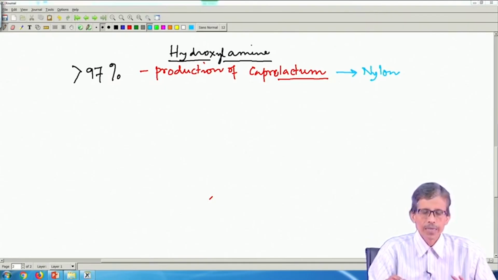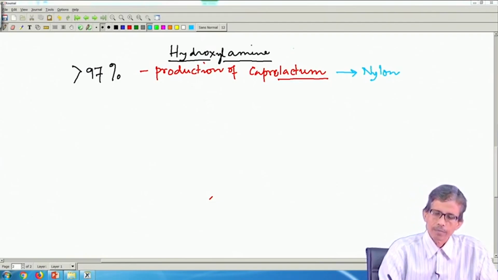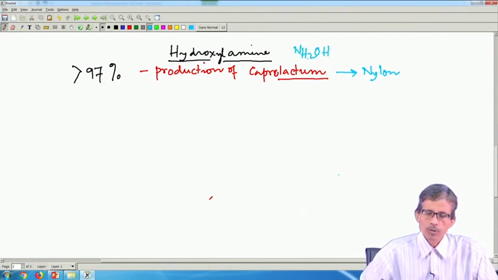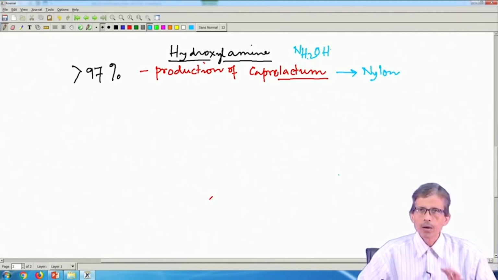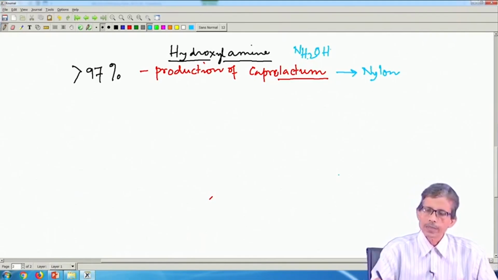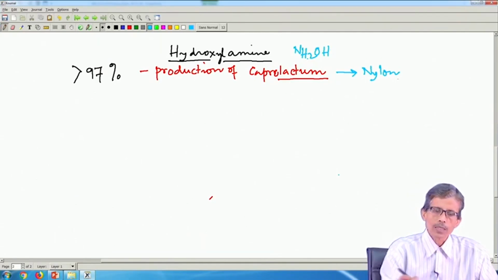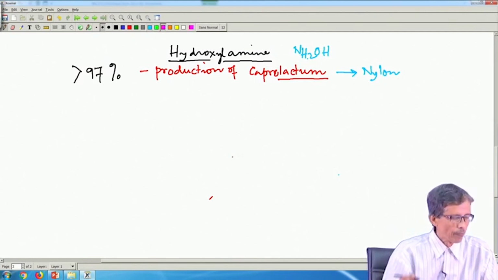Its cost should not be very high. So, NH2OH is a typical inorganic compound which is directly related to the production of your nylon.